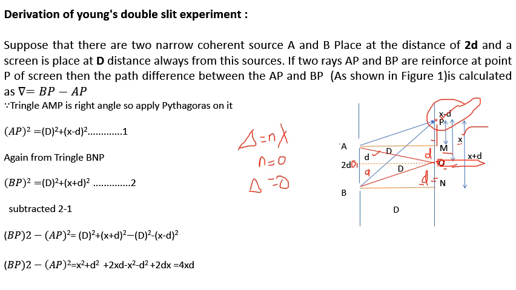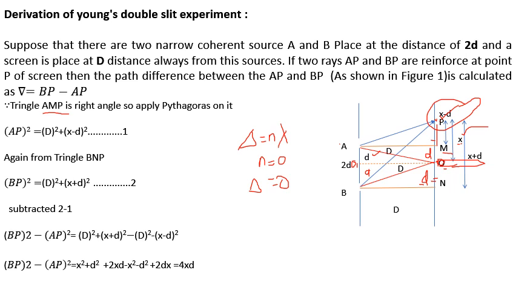Now we are calculating the value of the hypotenuse in both triangles. First we calculate the value of AP. For that we apply the Pythagoras theorem in triangle AMP. In triangle AMP, what is our hypotenuse? AP.